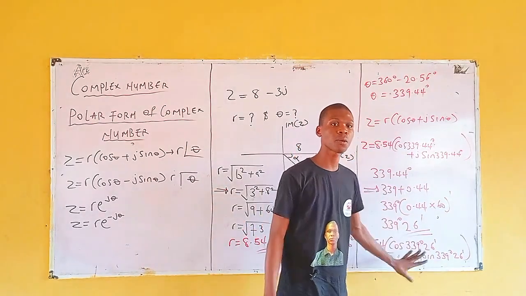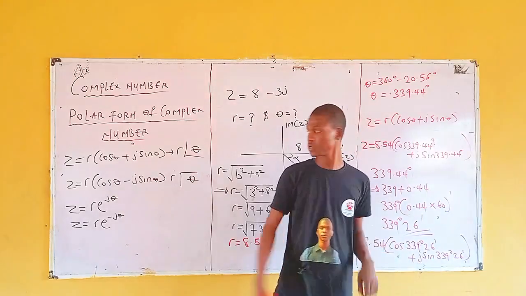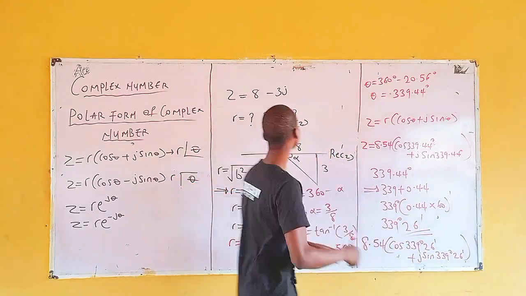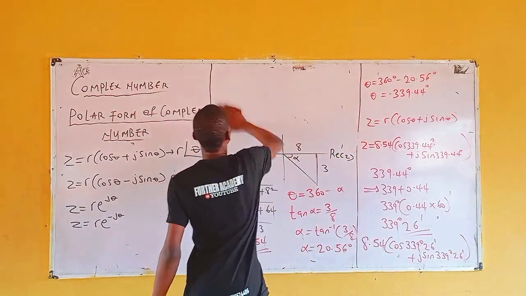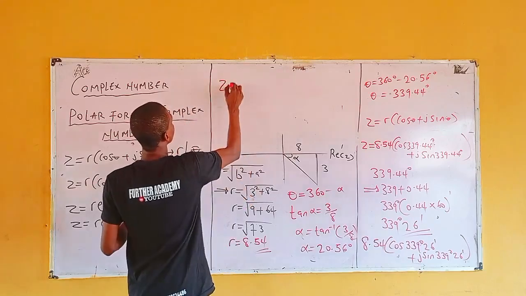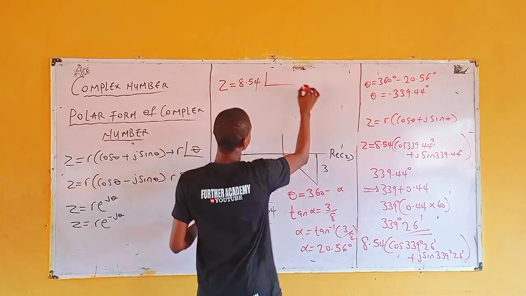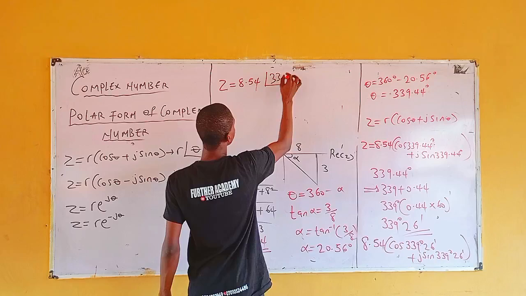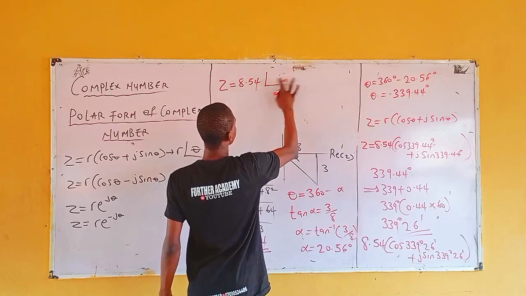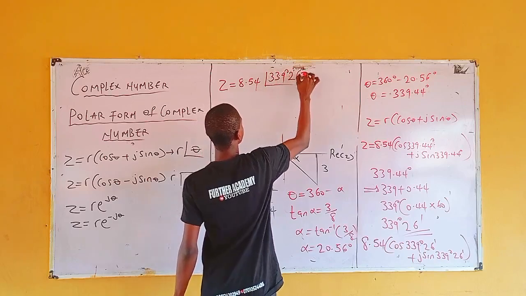Now this is the full form of your polar form. Let's convert this to the short form using this idea. So it becomes z is equal to 8.54, then this sign, and the angle there: 339 degrees 26 minutes.